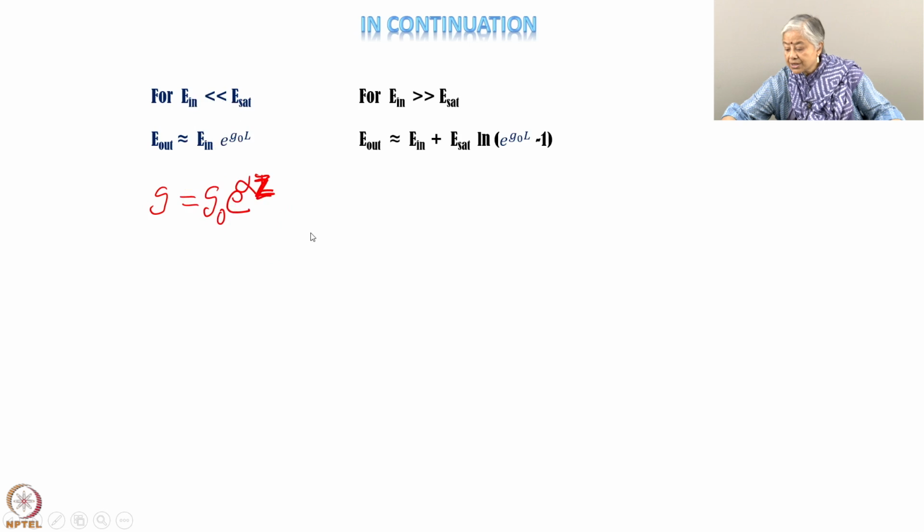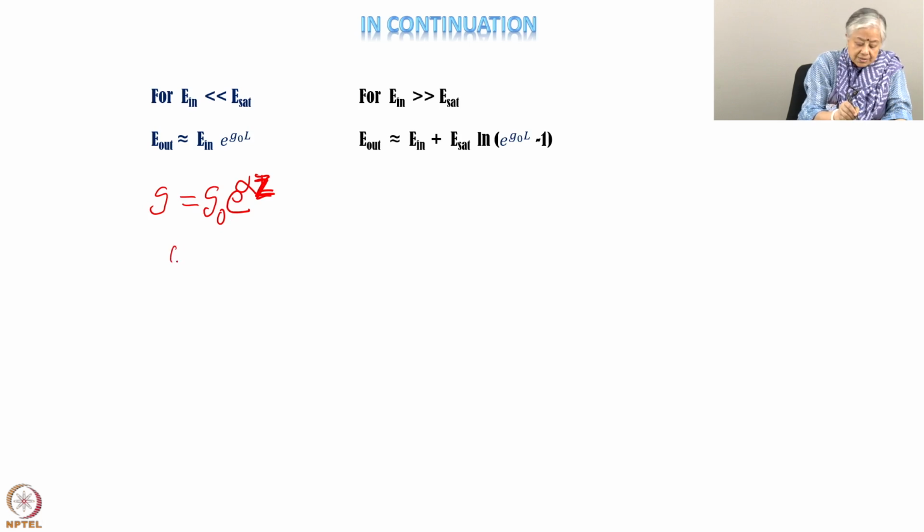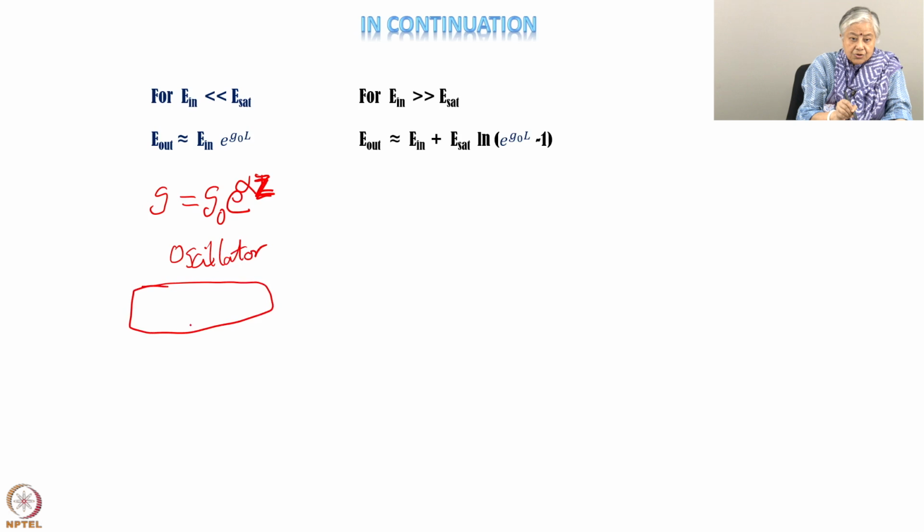This small signal case happens very easily in an oscillator, where you have a small pulse making lots of round trips, maybe 60 to 70 round trips, before the laser comes out.